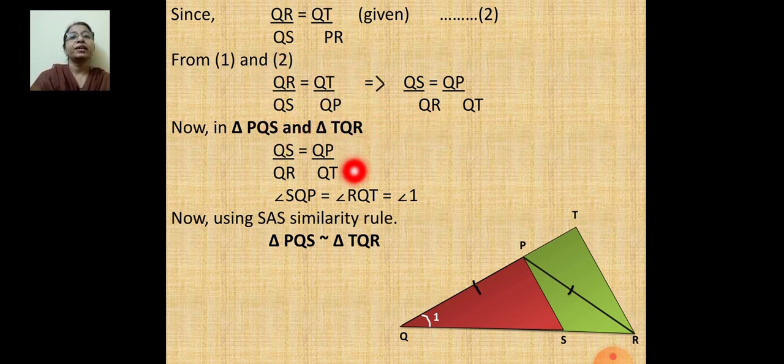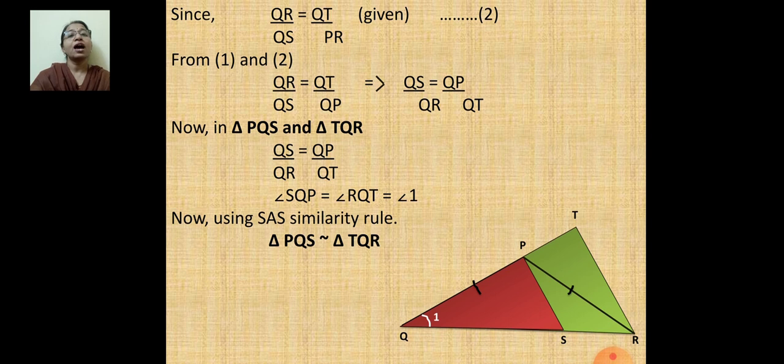Right? So you write down this ratio once again. QS upon QR is equal to QP upon QT. Now come back to the diagram. See, QS upon QR is equal to QP upon QT and angle 1 is common in both the triangles, that red color triangle as well as the bigger green color triangle.